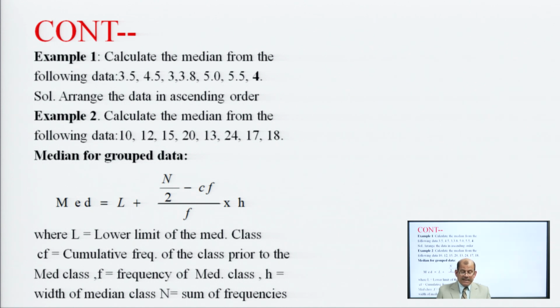The average of the two middle terms is (15 plus 17) by 2, which is 16, so the result of the second example is 16.